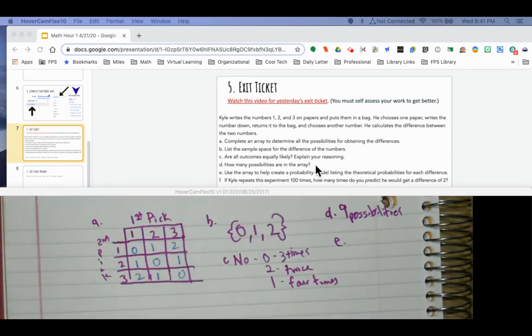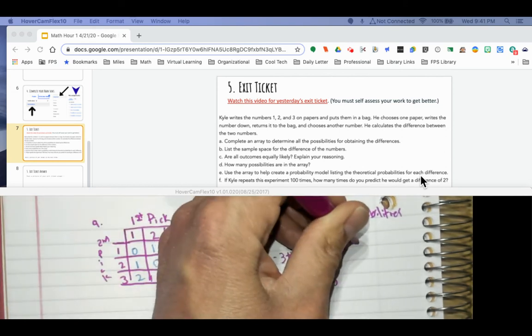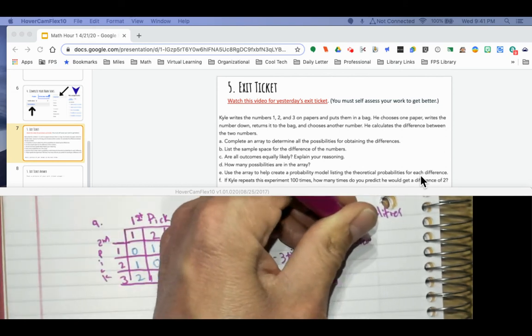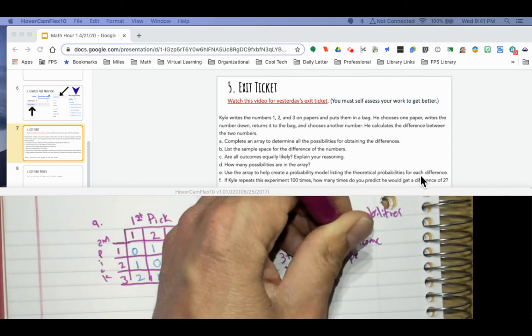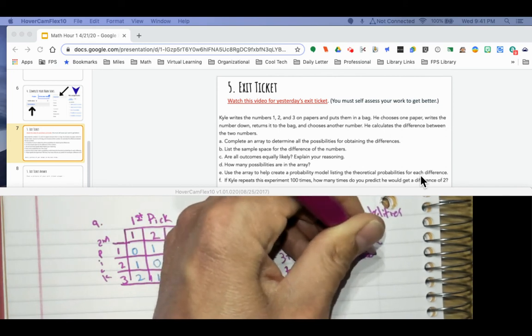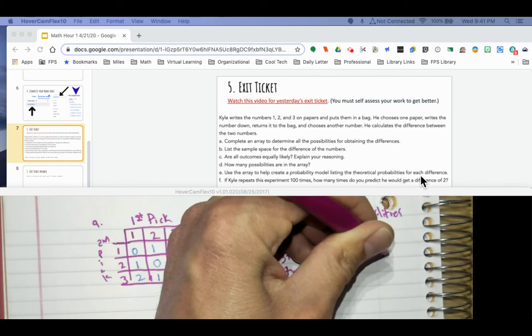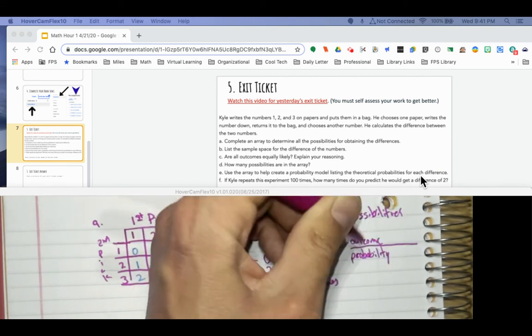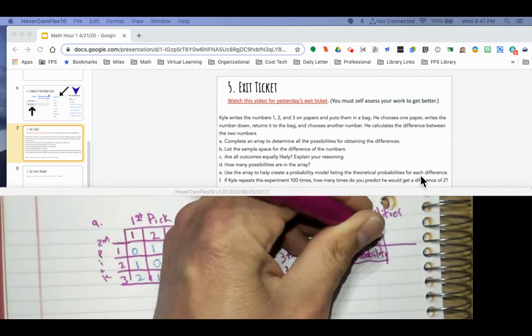E, use the array to help create a probability model using the theoretical probabilities for each difference. All right, so I would have my outcome, and then I would have my probability. And so my outcomes are as follows.